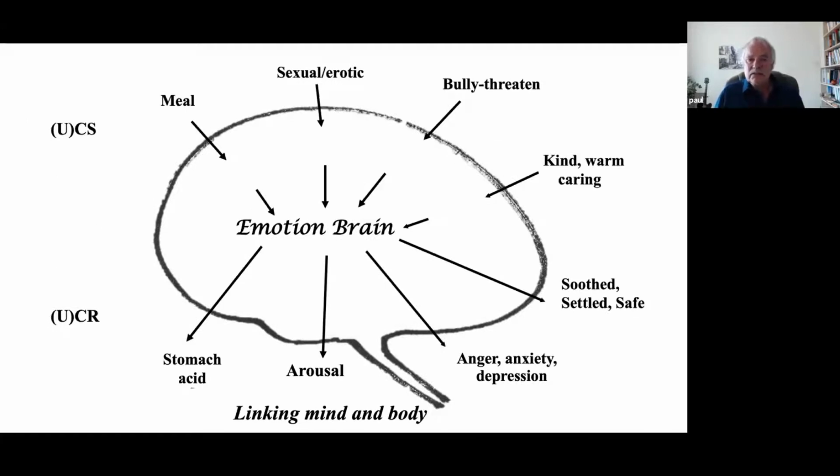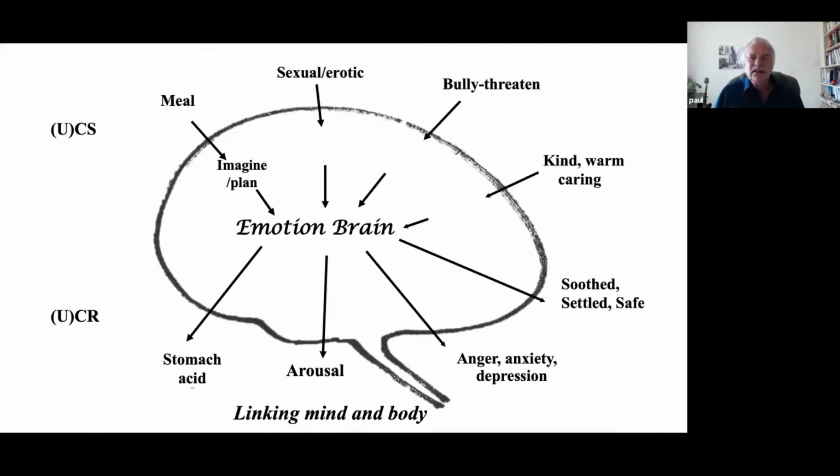So here's the system again, right? Here's a meal. There's the erotic example. And we can now stimulate these systems indirectly through imagination. If you are very hungry and you simply imagine a wonderful meal, oh dear, if you're a meat eater, it might be steak and chips.